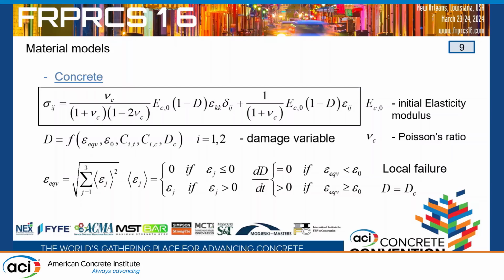The damage variable D depends on a set of model parameters which should be experimentally identified, and on the equivalent strain epsilon, which depends only on the positive components of the strains. So of the principal strains, only positive strains provoke cracking, so we are retaining only positive strains.